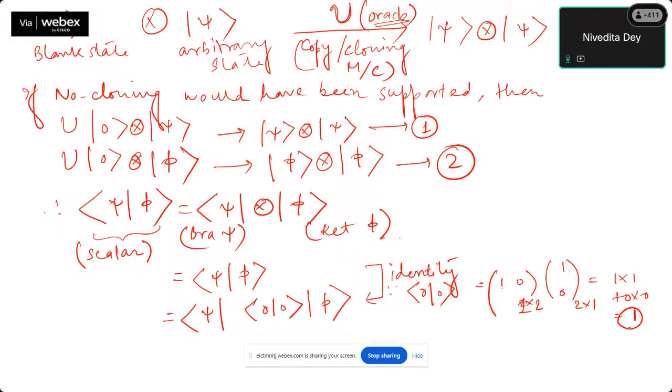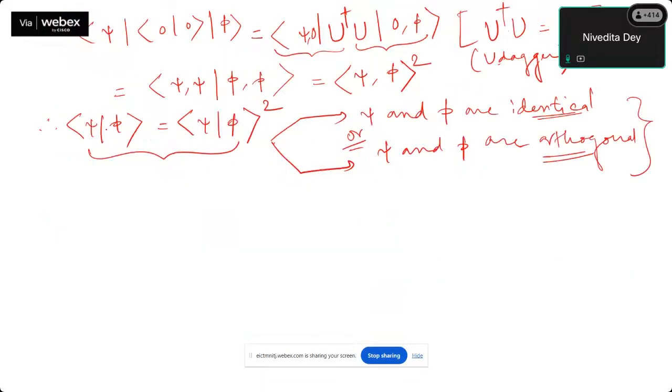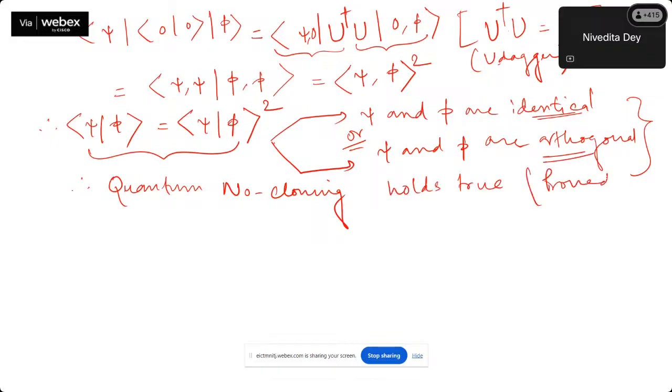So that means no generic cloning machine exists. Or in other words, we can say that cloning of arbitrary state is not possible. Therefore, quantum no cloning holds true. This is proved, right?